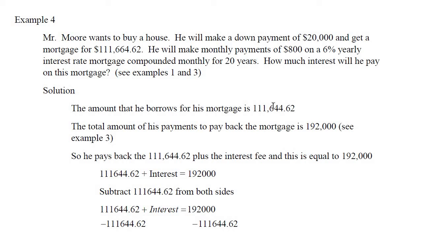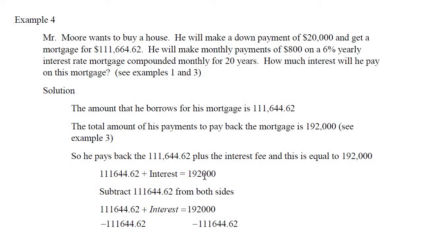So the amount that he borrows for the mortgage is $111,664.62. The total amount of the payments to pay back the mortgage was $192,000. We did that in example 3. So he pays back this $111,664.62 plus an equal fee, which will give us the $192,000.